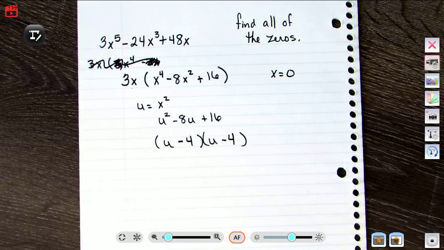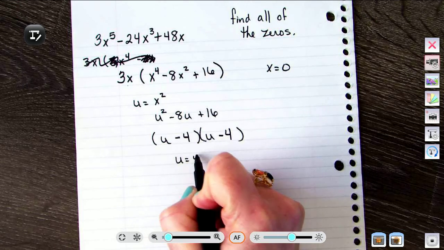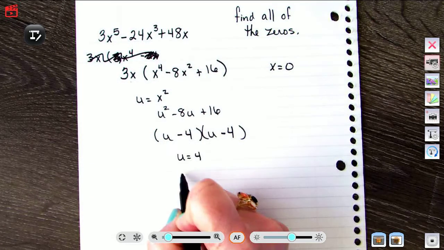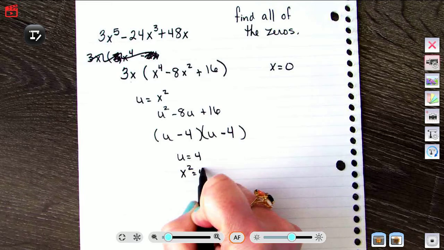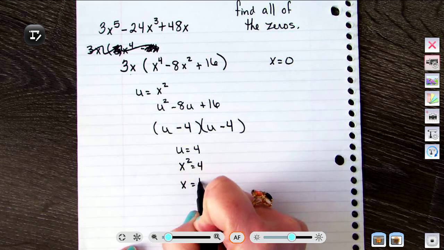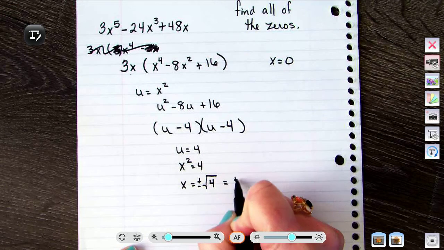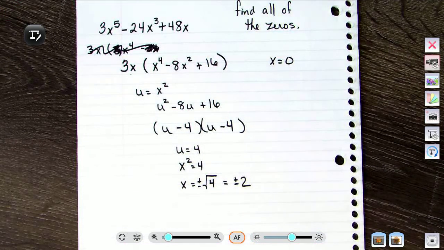I think that works. Okay, so u is going to be then equal to 4, but u is x squared. And we can take the square roots of both sides, again remembering the plus or minus. So I get plus or minus 2.